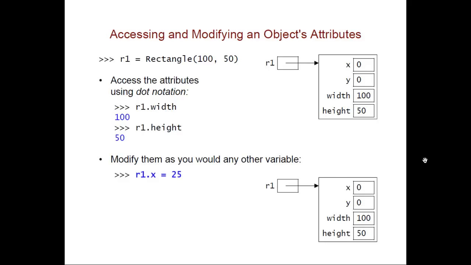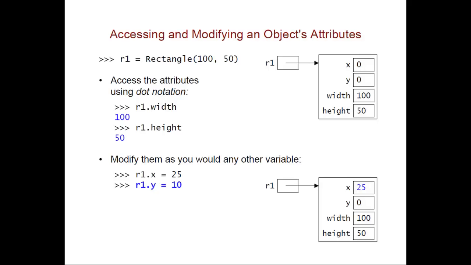I can also change what's inside the internals by using an assignment statement. So for example, currently the x is 0, but if I say r1.x is assigned 25, then what's going to happen is, after the assignment, x will have 25 in it. And so I've changed that attribute in r1.